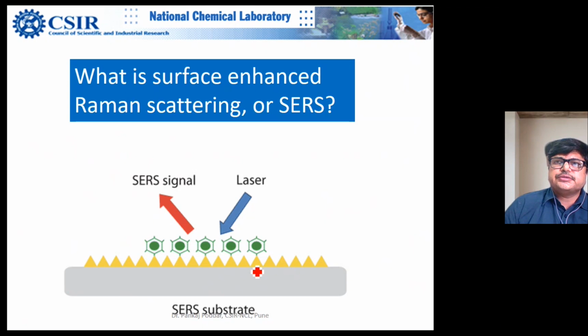For example, spheres will have only one peak, and if you take rod shaped two-dimensional systems, then you can have two peaks, and for prismatic systems, you may have three resonance peaks. Once you align the laser frequency with the surface plasmon resonance frequency, then you see the maximum enhancement in SERS.